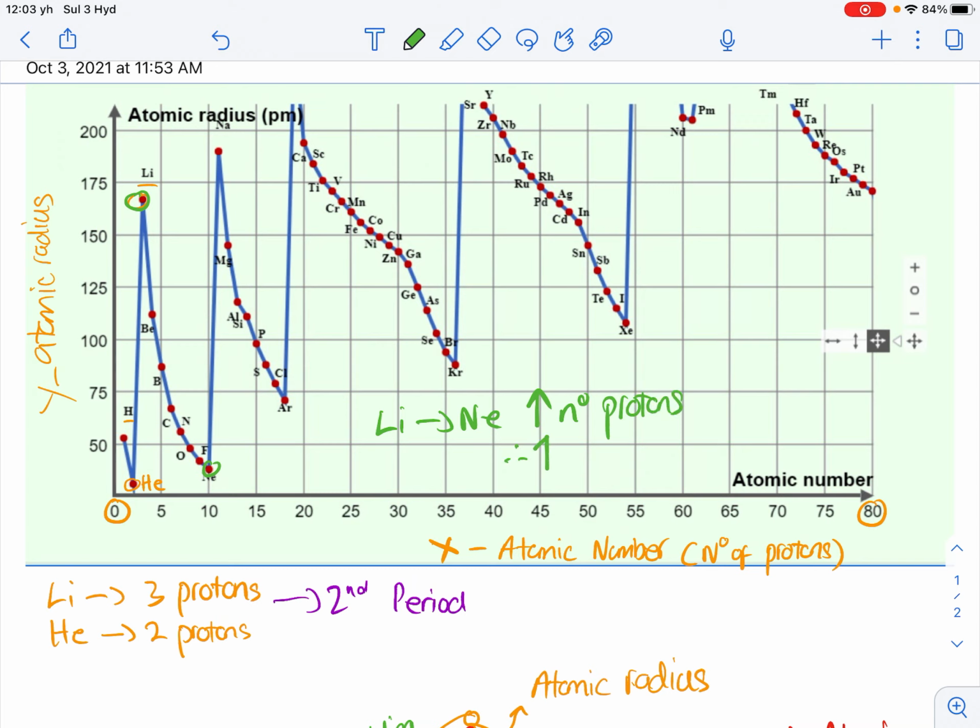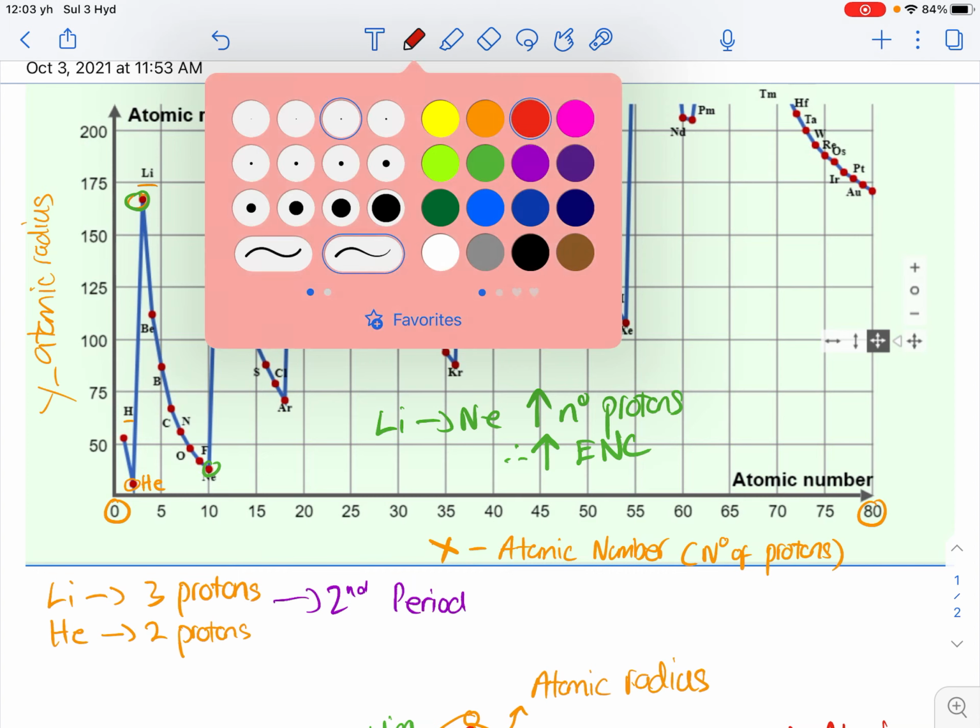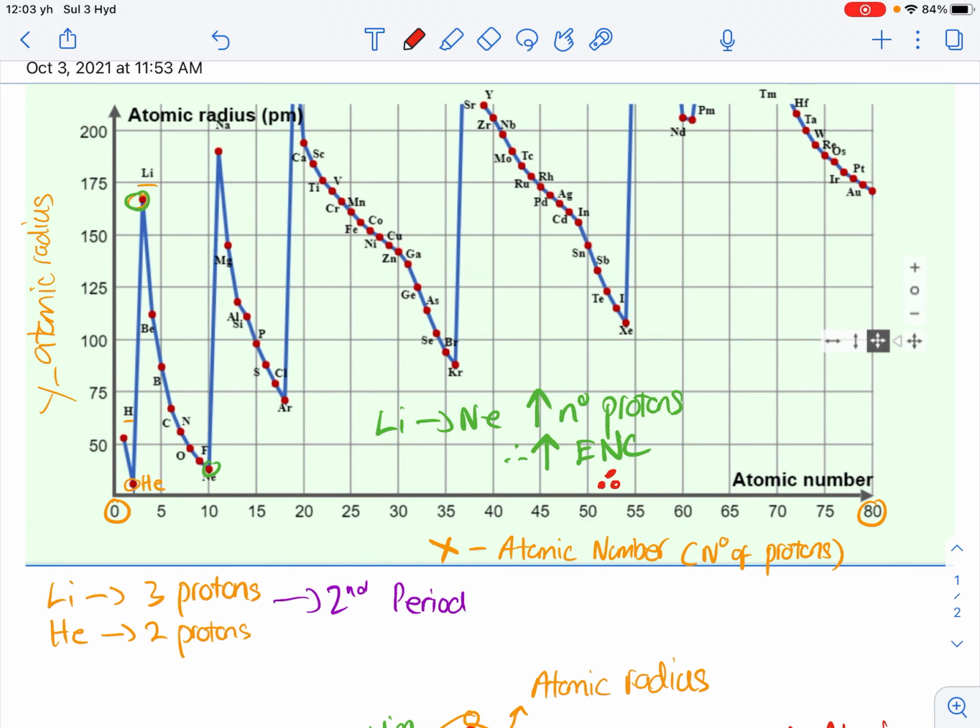And so therefore, we are increasing the effective nuclear charge. In other words, the valence electrons are feeling a stronger and stronger force of attraction towards the nucleus. And so the overall result is that we get a decrease in atomic radius. In other words, the atom gets smaller and smaller because the electrons are being pulled closer and closer into neon.